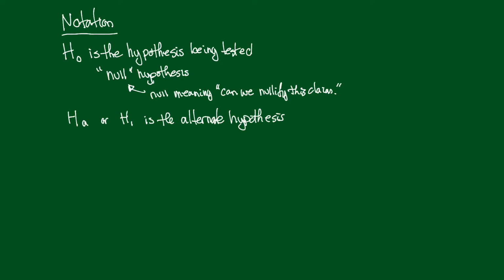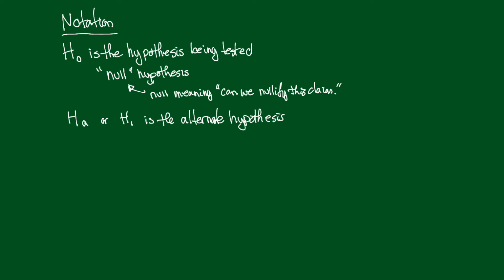Now, some shorthand notation here. We're going to write H sub 0, or we sometimes call it H naught, N-A-U-G-H-T. So H naught, this is the hypothesis being tested. We call it the null hypothesis because it's an assumption about a parameter, and we're trying to see if we have enough evidence to reject or nullify that assumption.